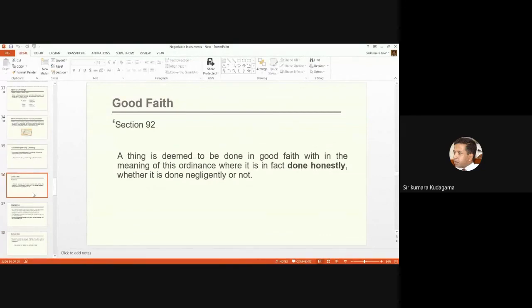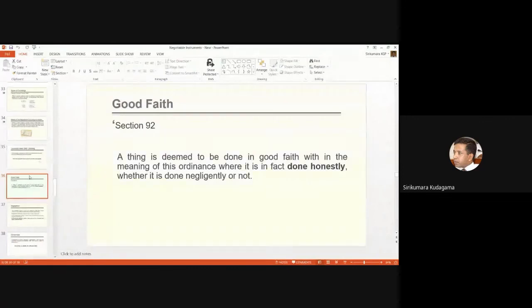These concepts, good faith and negligence, would be necessary to deal with the protection of the collecting bank and paying bank given in the Bills of Exchange Ordinance, which is going to be a lengthy discussion, which would have to be dealt with by breaking that section into separate parts.